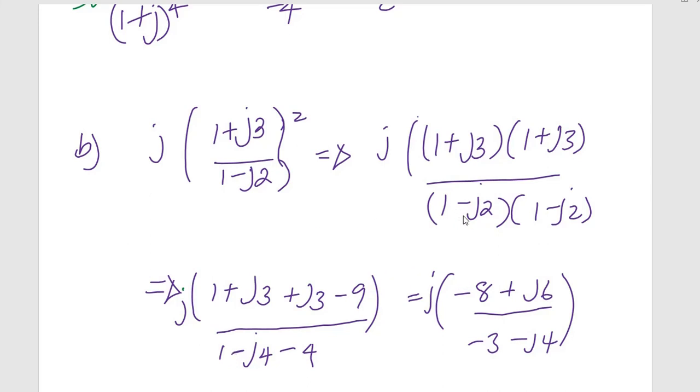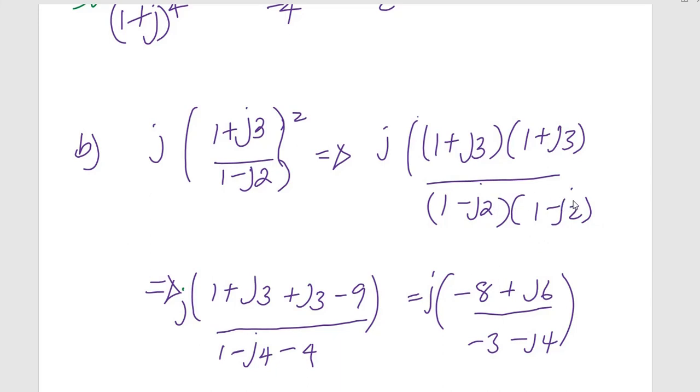Then down here we have 1 times 1, then minus 1 times j2, that will be minus j2. Then I take minus j2 times 1, which becomes minus j2, then minus j2 times j2, which gives you j squared, which is negative 1.